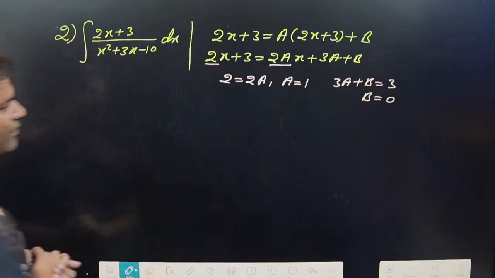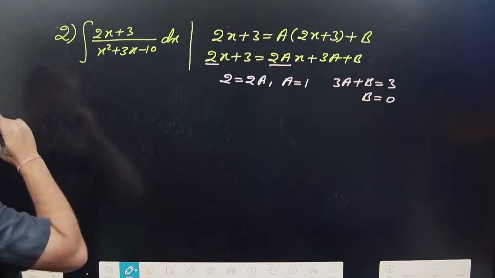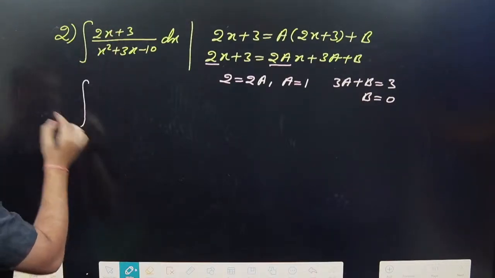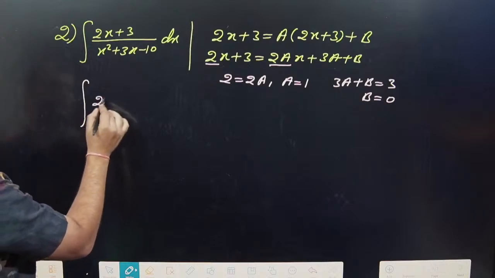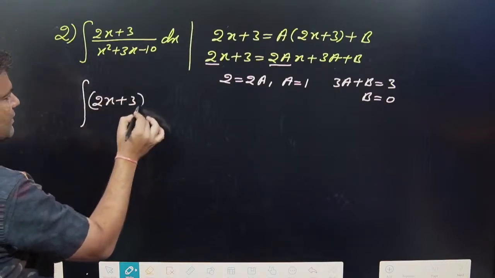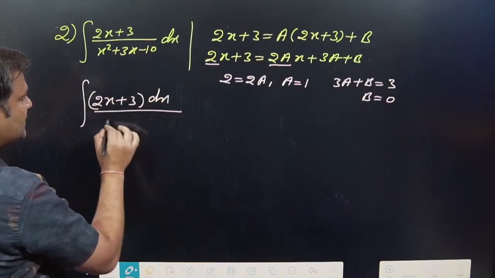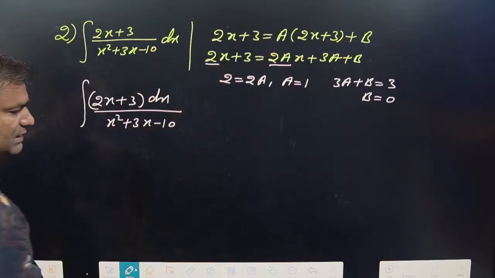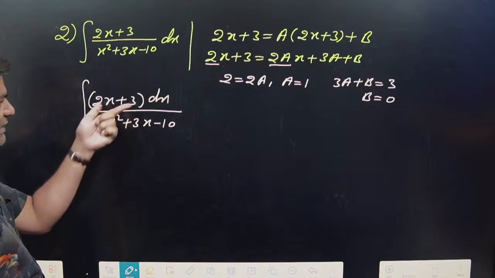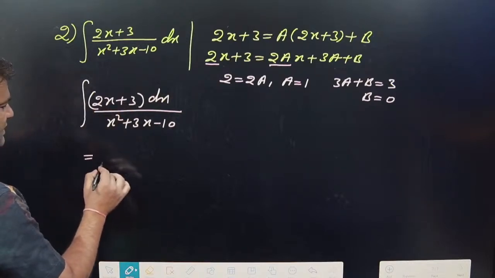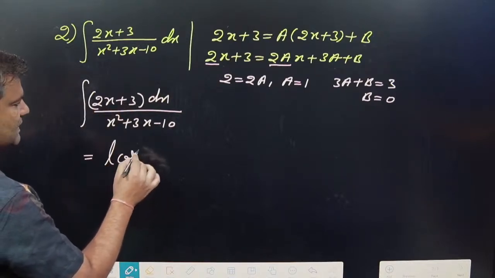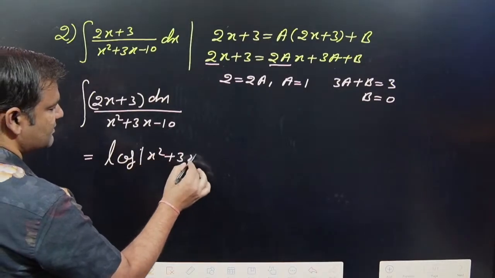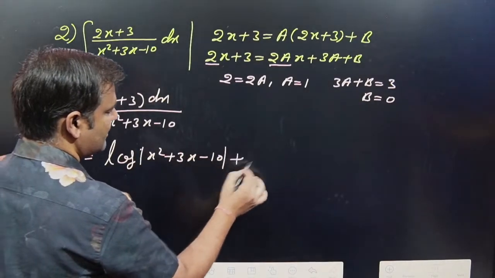This question is very simple because this one is t and this one is dt. So 2x plus 3 into dx divided by x square plus, no need for this procedure, because this is t and that is dt. So simply this is log of modulus of x square plus 3x minus 10 plus c, which is the right answer.